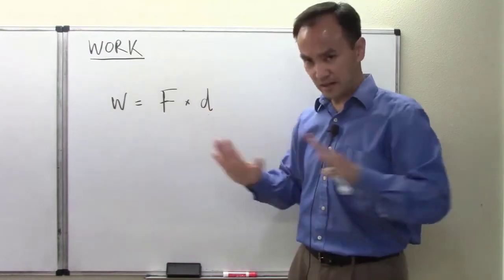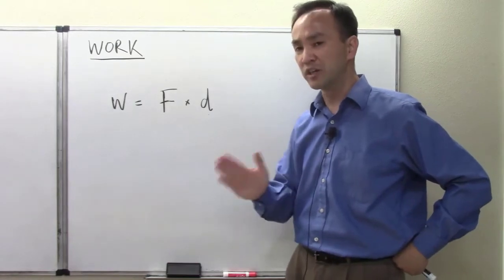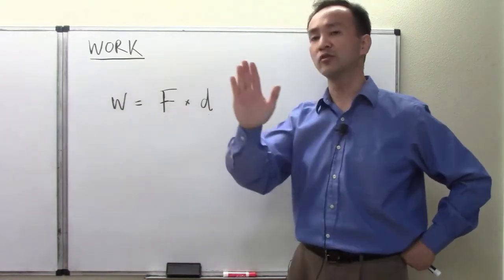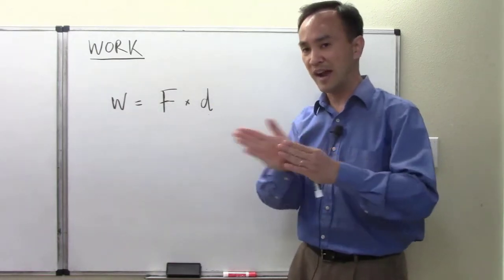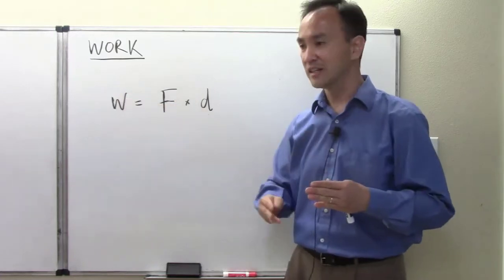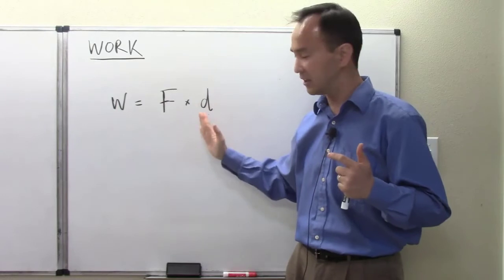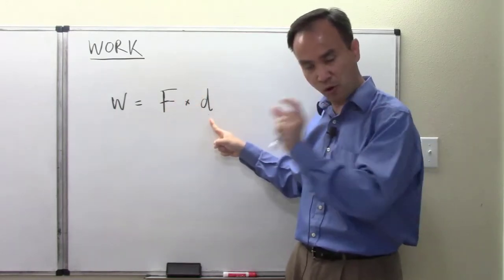In this work we're doing, let's not be too worried about the direction of the force. When you take this understanding into your formal physics class, you'll be exposed to dragging objects in different directions, and that will come after. But this part is fundamental: it's always the amount of force multiplied by the total distance that you're pushing the object to travel.